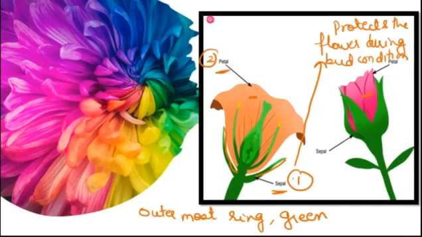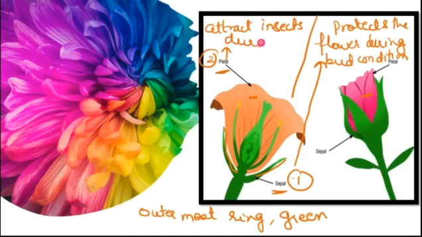These petals basically help to attract insects during pollination, and they also give a beautiful fragrance. They are also used in making perfumes.